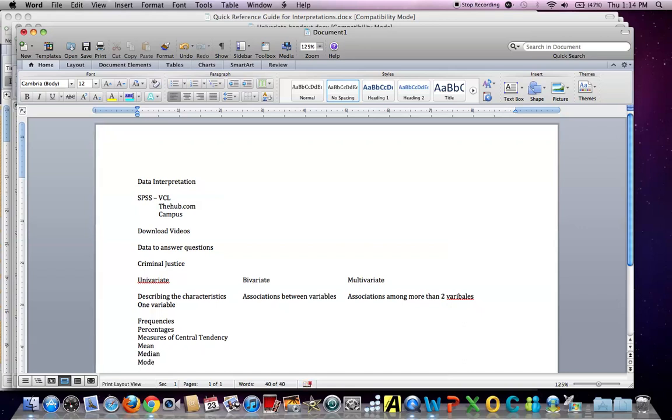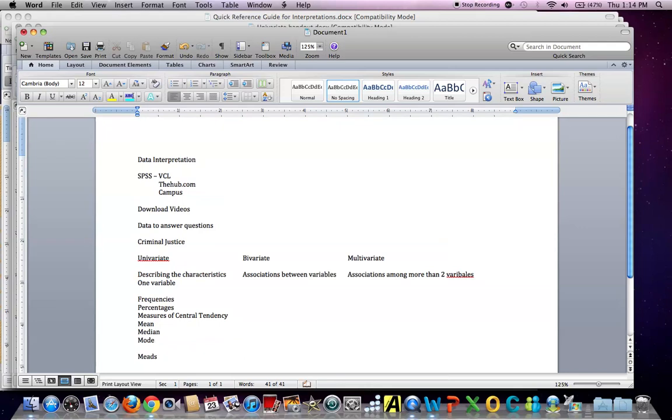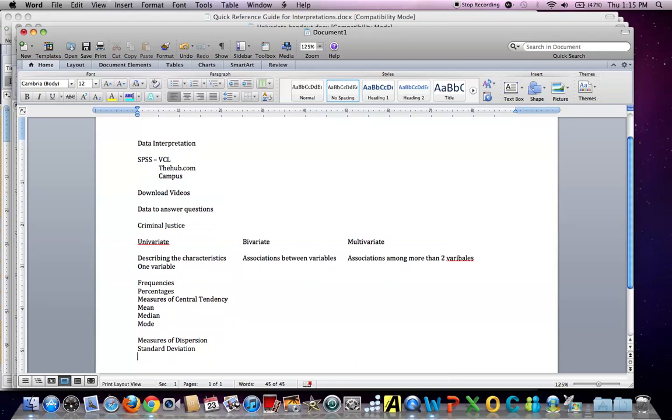And then we'll be looking at measures of dispersion. And our focus this semester will be on the standard deviation and range.